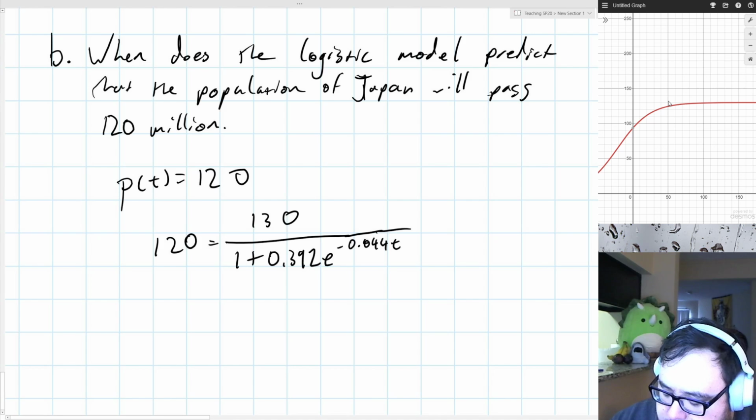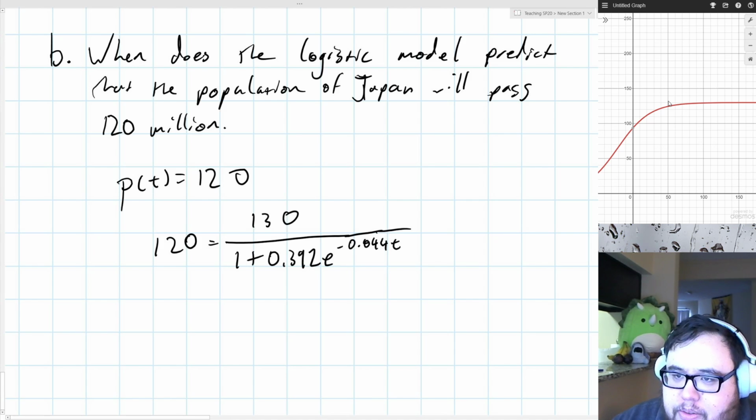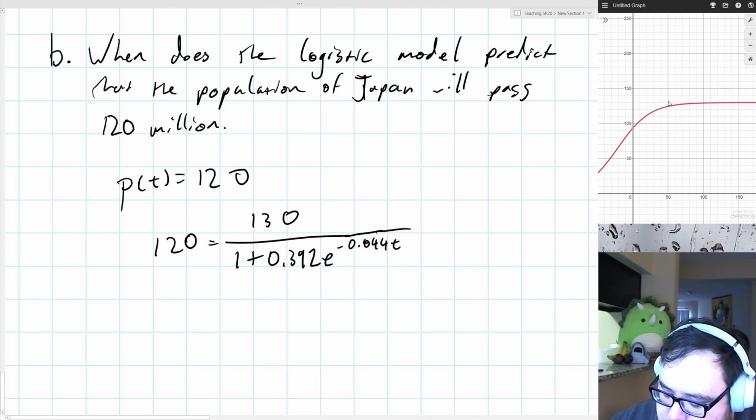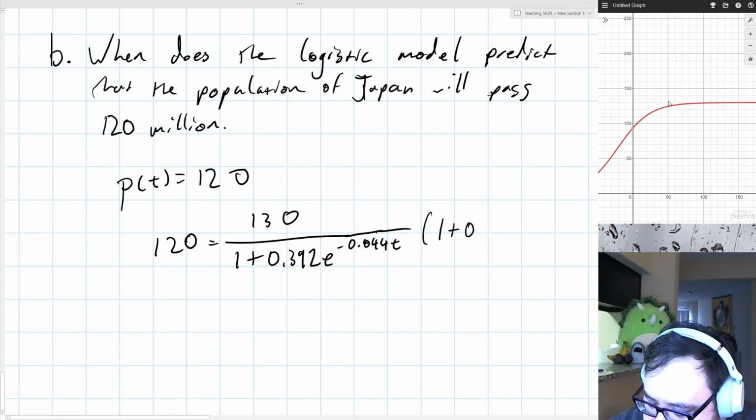So not only is our variable in an exponent, it's in an exponent in the denominator of this fraction. So first things first, I want to get this exponential part on its own. I'm going to multiply both sides by the denominator of this fraction, by 1 plus 0.392 e to the negative 0.044 t.